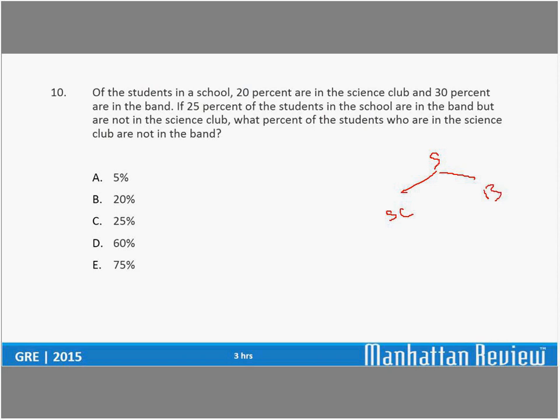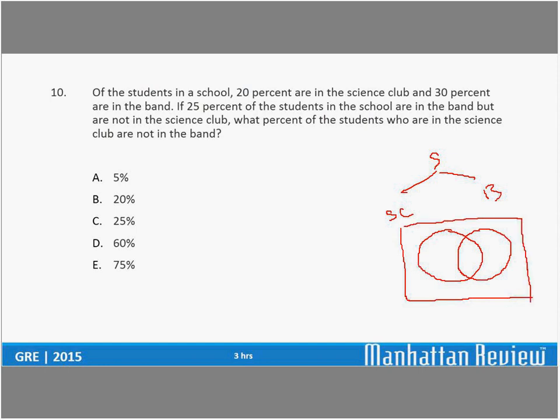Before proceeding to the next sentence, we may have a prediction in mind: there might be people who belong to both clubs, and maybe people who do not belong to any of them. There is a possibility, right? So we put science club outside this, and also band outside this, assuming there is some intersection.